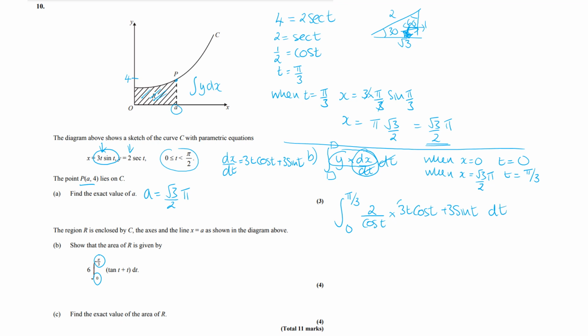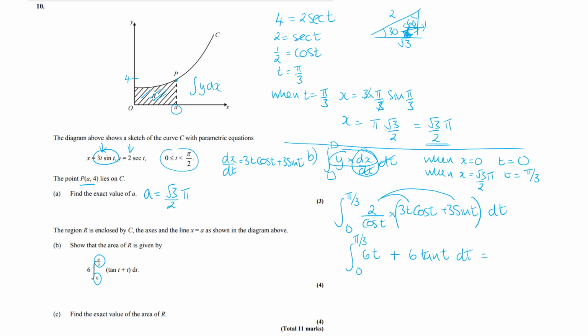So that term on the front needs to multiply by both of these. So we can see in the first term the coses are going to cancel, and we're just going to get 6t plus, and then in the second one, when we multiply that in, the 2 times the 3 is going to give us 6, and the sine over cos is going to give us tan t, and that is between 0 and pi by 3.